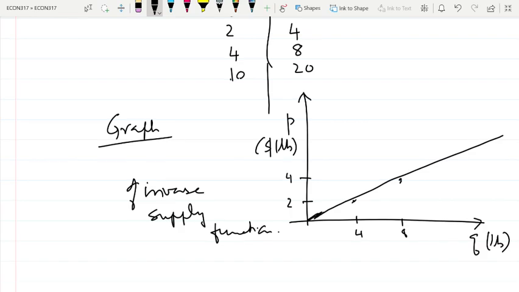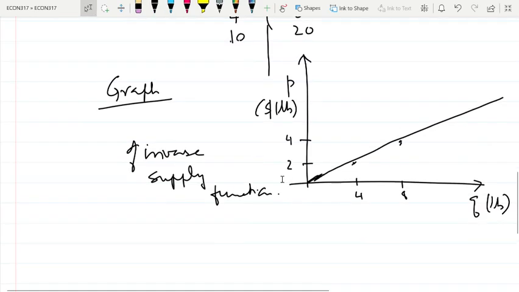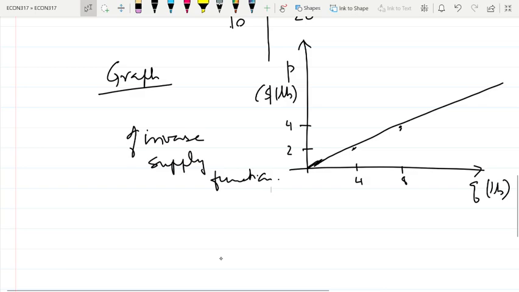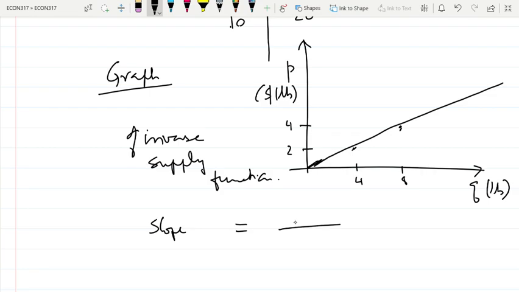Now I can write down a mathematical formula for this graph, for this straight line. We can see the slope of this straight line: price changes from 2 to 4, which leads to changes in quantity from 4 to 8.